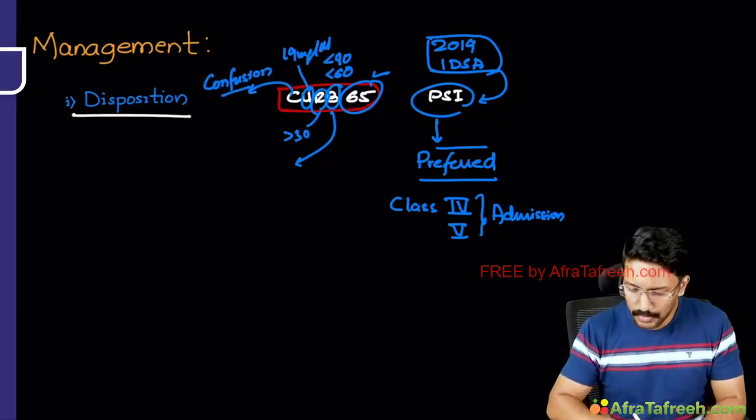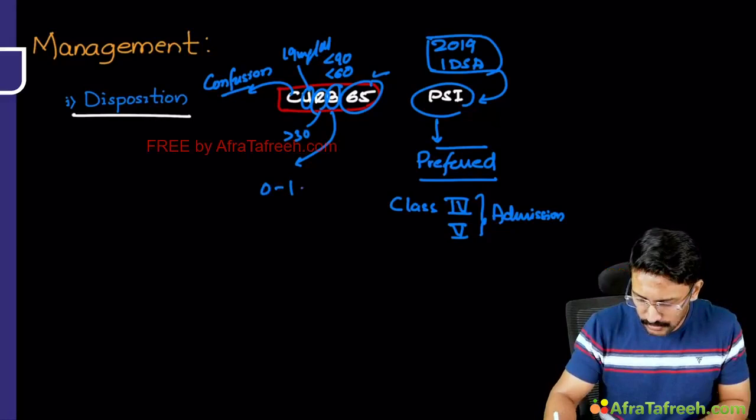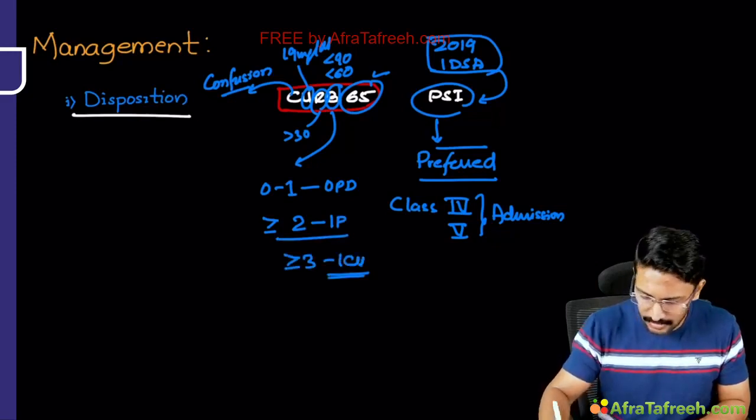Now, this is how we define CURB-65. If 0 to 1 points, there is outpatient based treatment. Okay, more than or equal to 2, inpatient based treatment, and again within this, if it is more than or equal to 3, ICU admission is recommended.